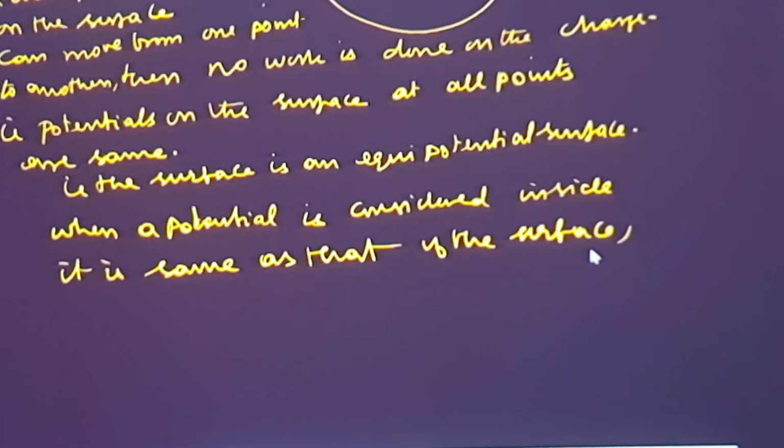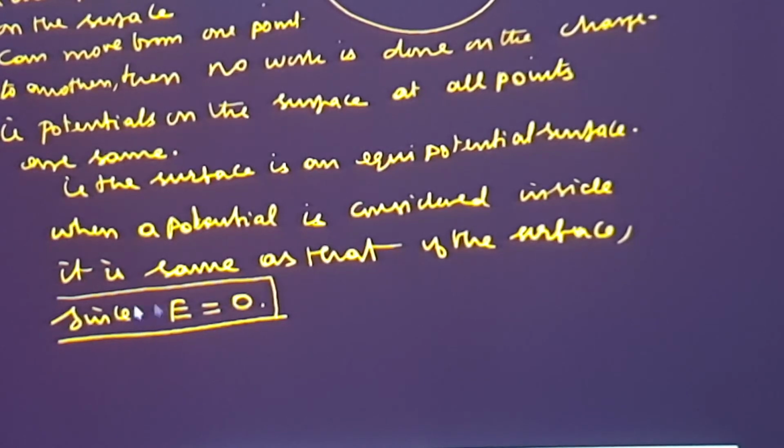Why? It is the same as that of the surface since the electrical field E inside the conductor is equal to 0. Since the electrical field inside the conductor is equal to 0, we can say that the potential on the surface is the same as that inside.